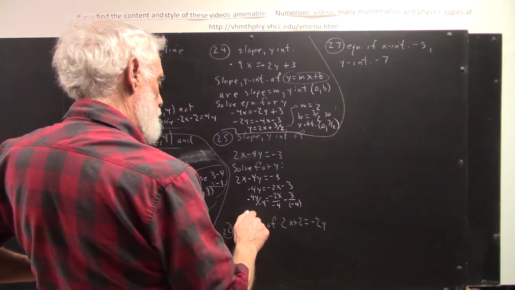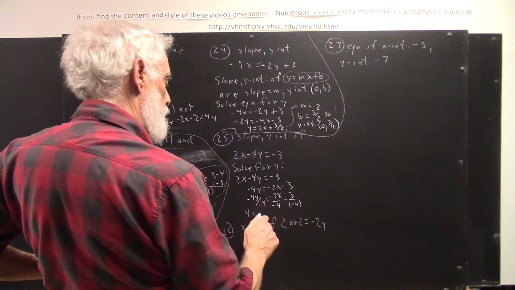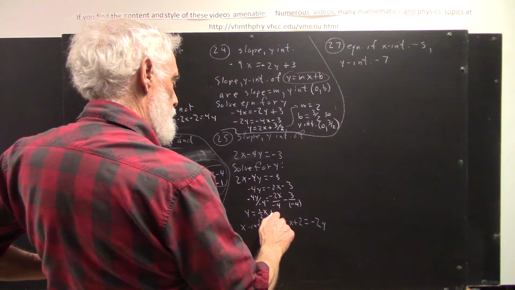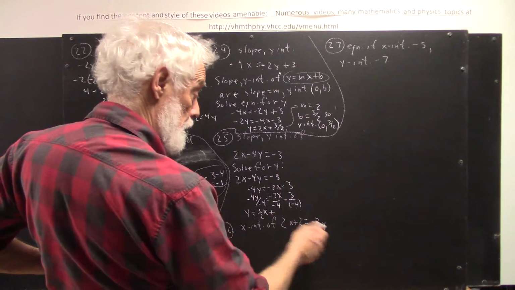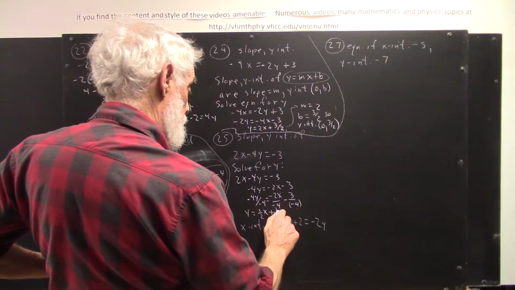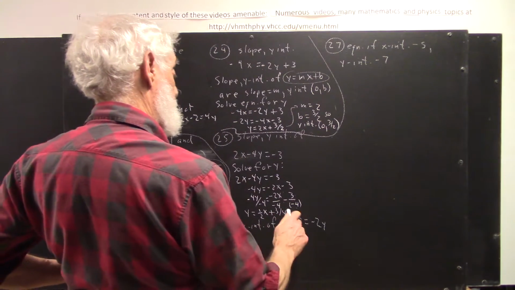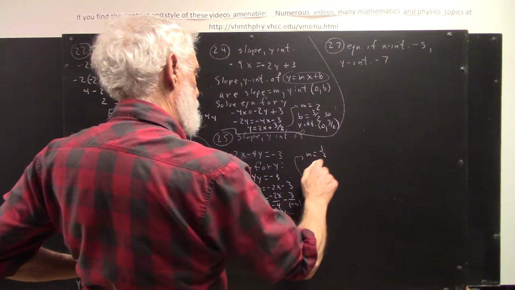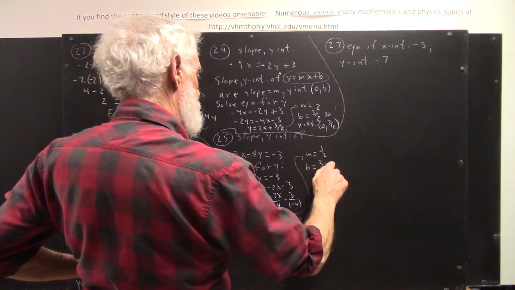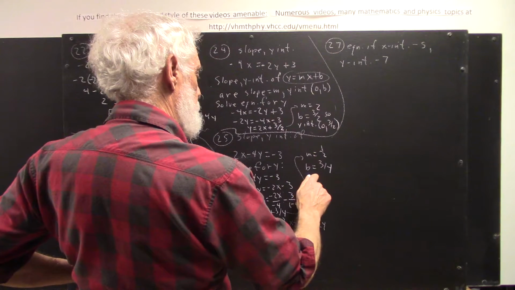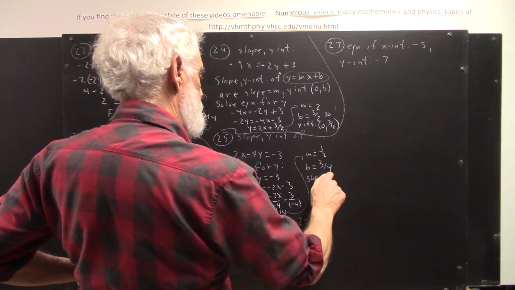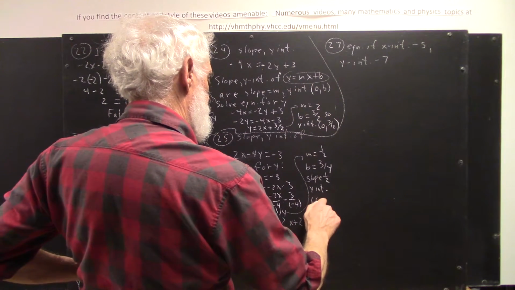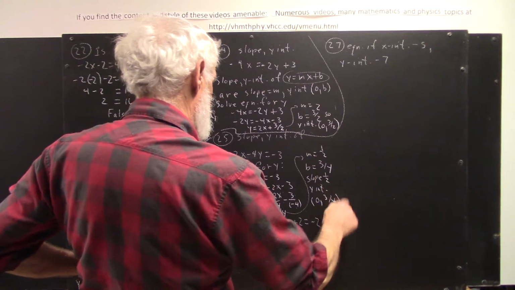And what we get is then y equals negative 2 divided by negative 4 is 1/2 x. And then 3 divided by negative 4 is negative 3/4. Negative of that is plus 3/4. So that m is 1/2 and b is 3/4. So slope 1/2, y-intercept (0, 3/4).